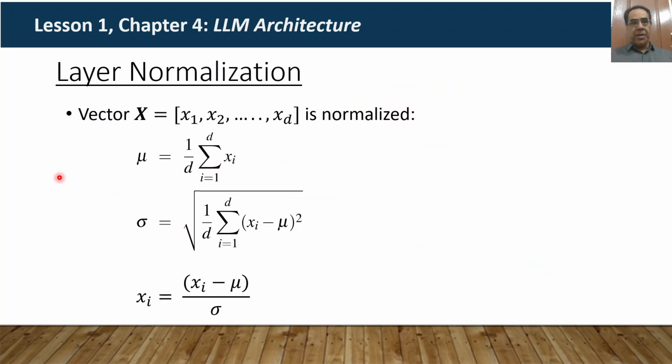For normalization of the d-dimensional vector x, we use these mathematical formulations where mu is the mean and sigma is the variance of the vector x. And this is our mathematical formulation for normalization.